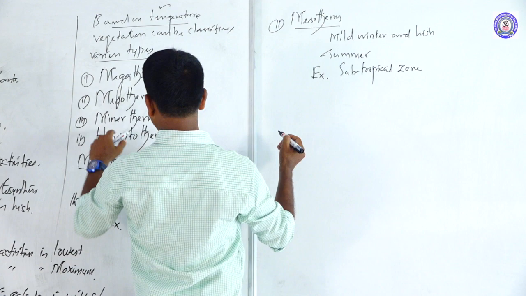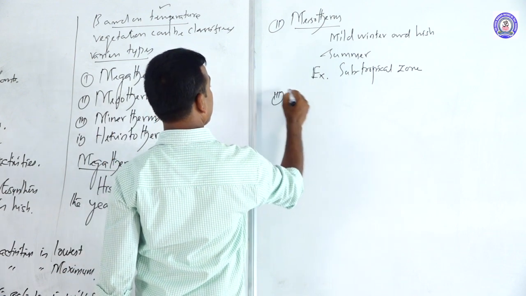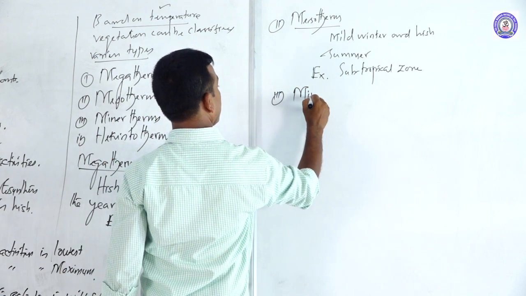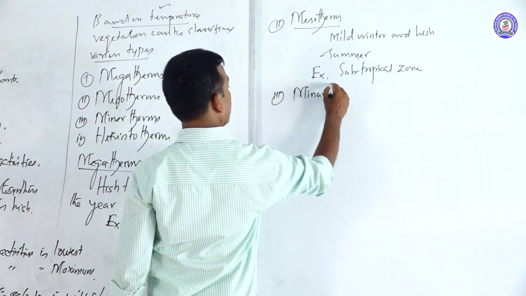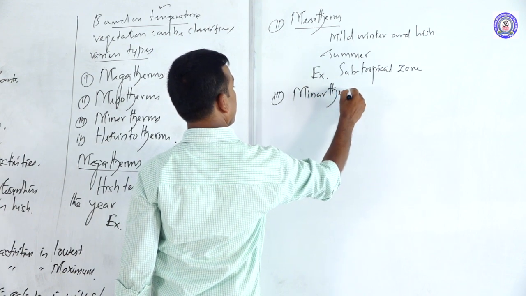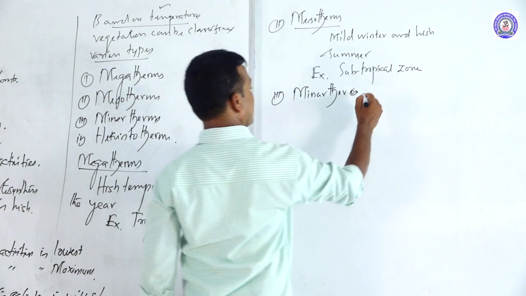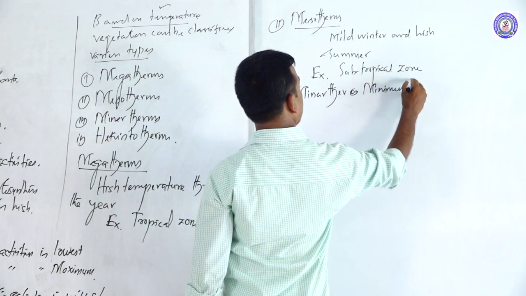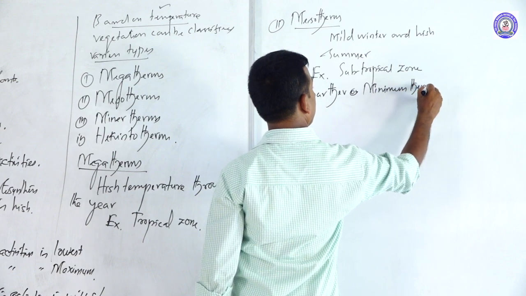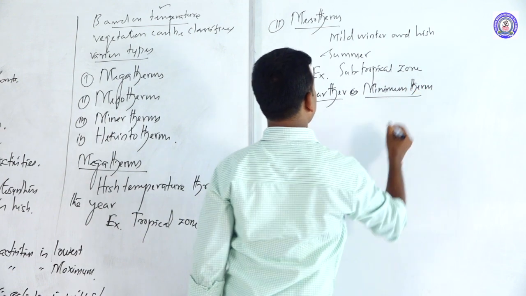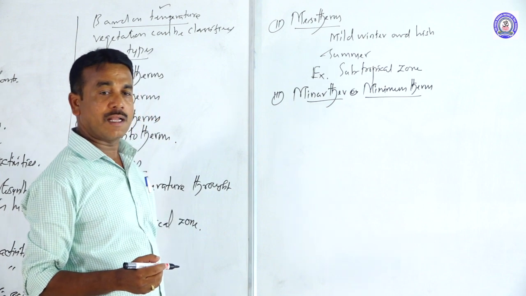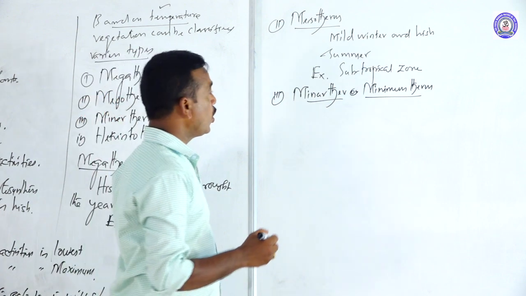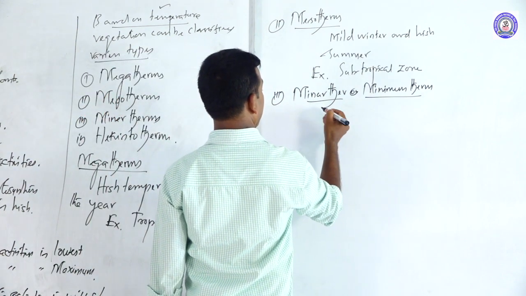Third one, minor therms, or minimum therms. That means the plants are adapted to low temperature.